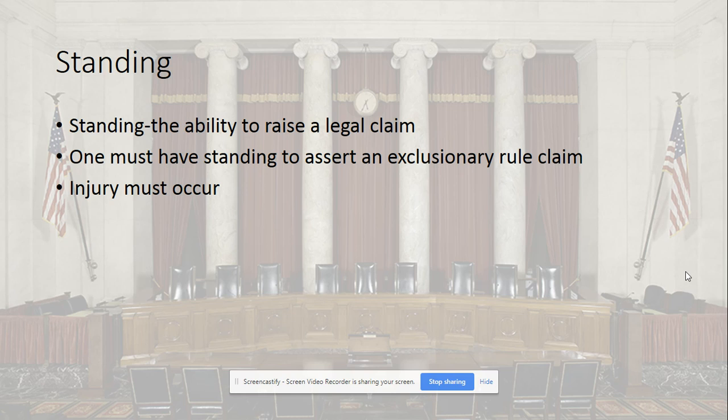So there's got to be a foul somewhere along the lines because of this illegally obtained evidence. If you don't have standing and you don't have an injury occur, then you cannot assert an exclusionary rule claim.